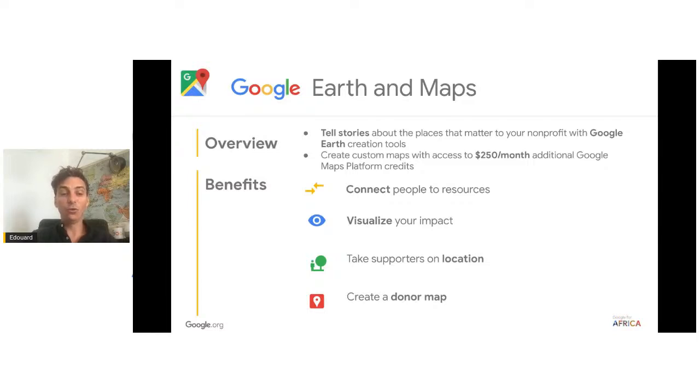Some organizations also use custom maps with a free credit of $250 a month on Google Maps API through platform credits. It enables them to visualize the impact or to show exactly to supporters where they are having impact through donations.